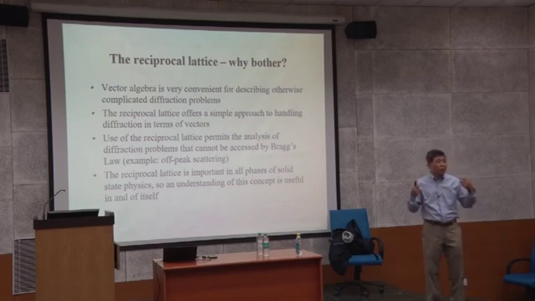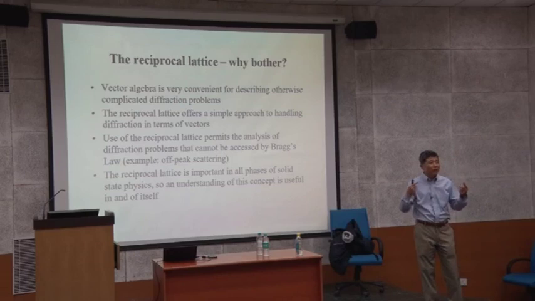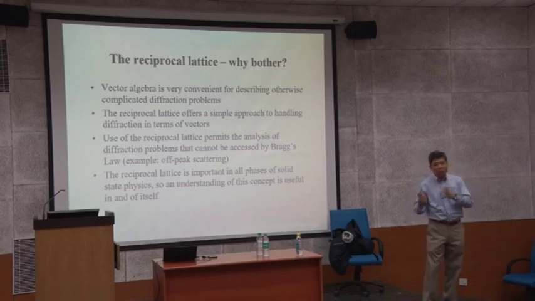So we use vectors, and this is all the math. But once you know the geometry of this, you can construct what we call the Ewald sphere construction, and meet the diffraction condition in vector form, and explain it so beautifully, so easily. I will explain later.